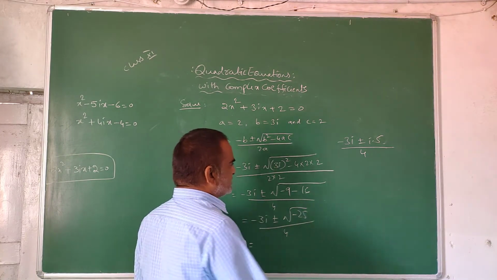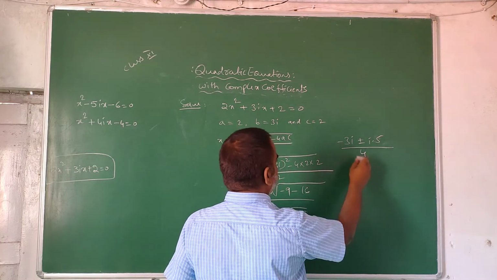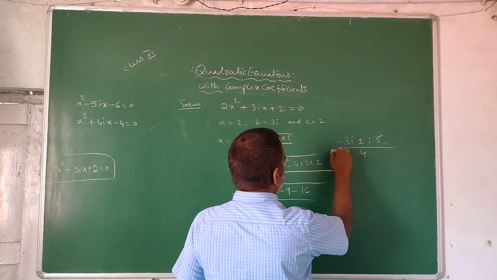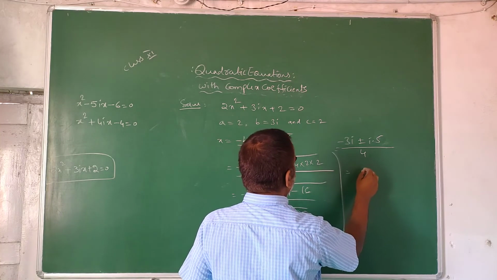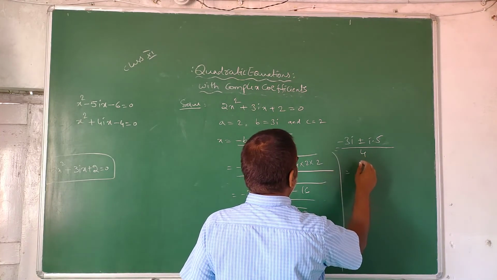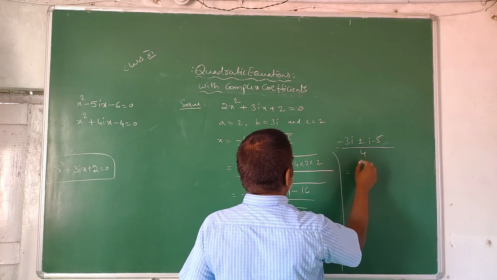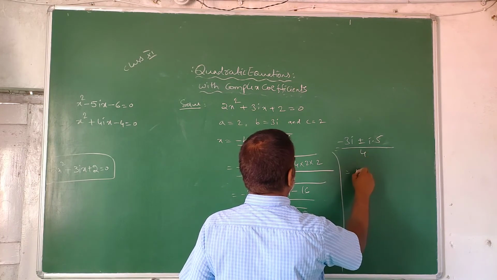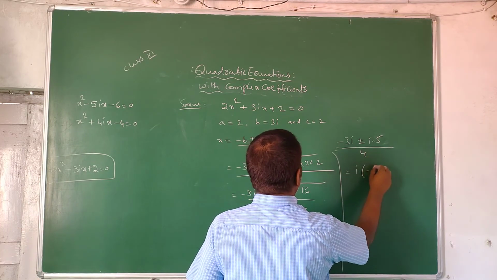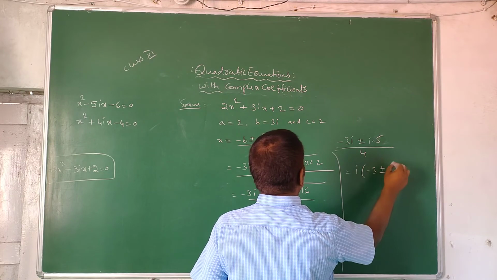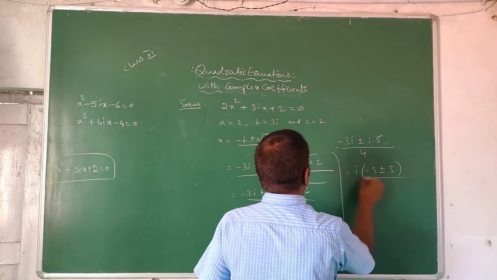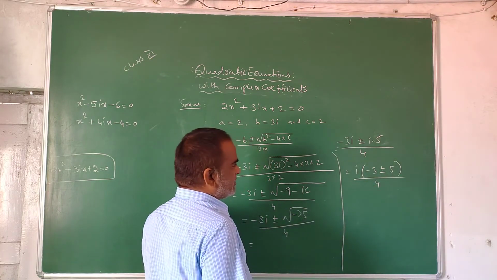Root 25 is 5. So i into 5, by 4. So if you go for common, if you take i common, then what do you get? Minus 3 plus or minus 5 by 4, if you take i common.